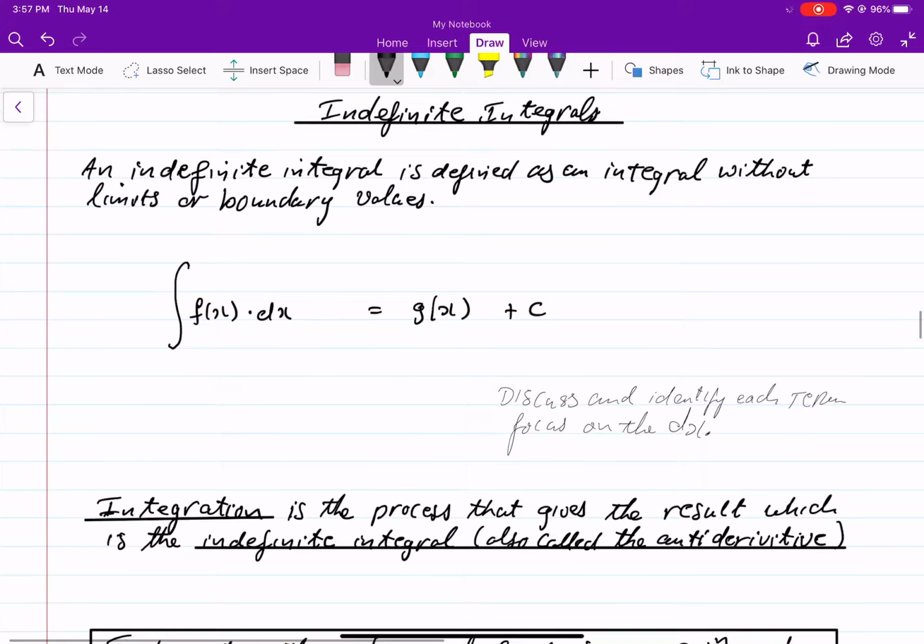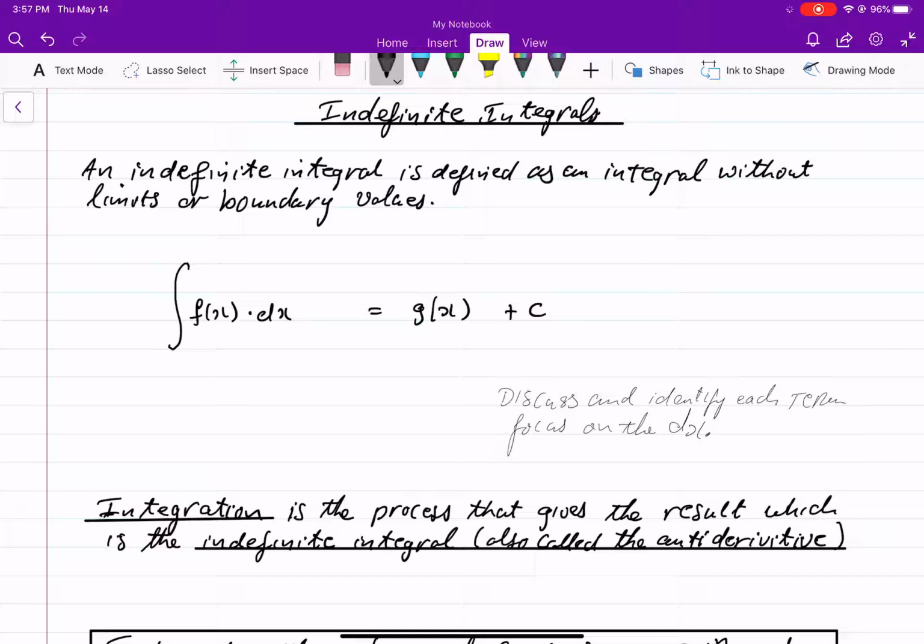Let's talk about what's called indefinite integrals. An indefinite integral is defined as an integral without limits or boundary values. It'll become clear what the limits and boundary values are when we compare the indefinite integral with the definite integral.